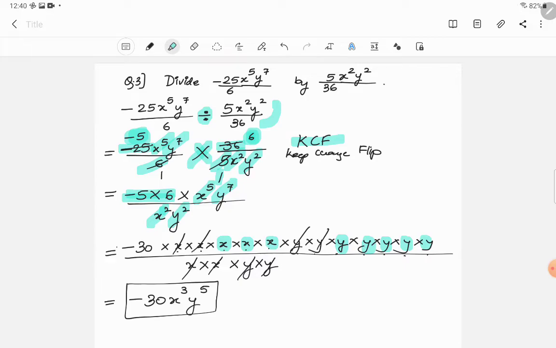We did the cancellations, 2 x's, 2 x's, 2 y's, 2 y's from the numerator and denominator. We end up getting minus 30, 3 times x is left, 5 times y is left. So I'm writing minus 30, x to the power 3, y to the power 5 as my final answer. I hope that is clear, children.